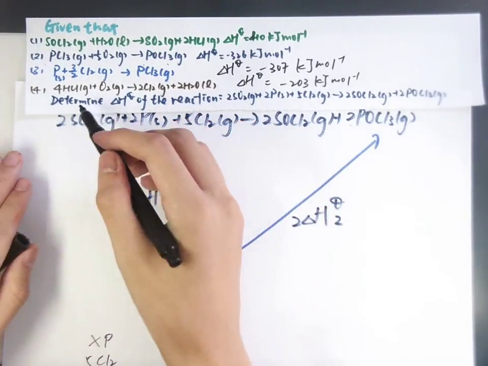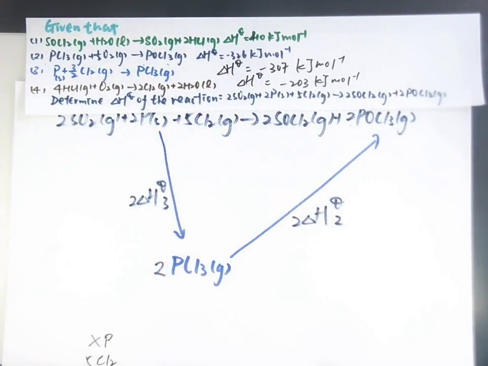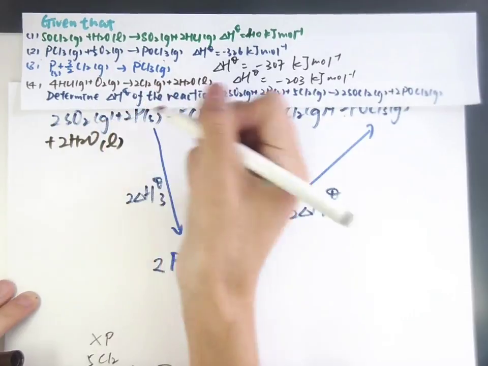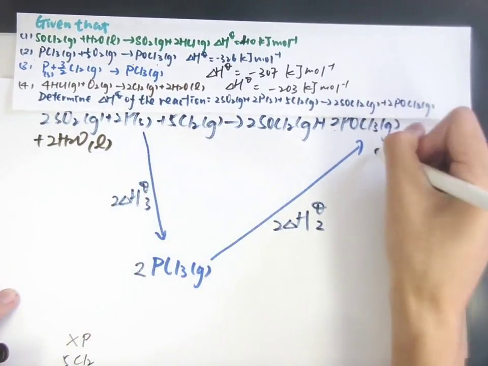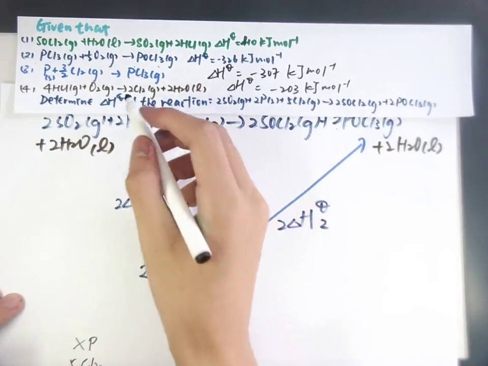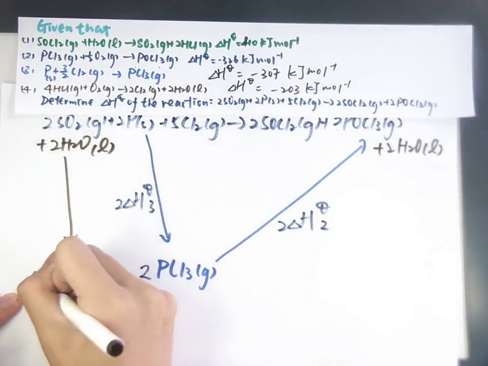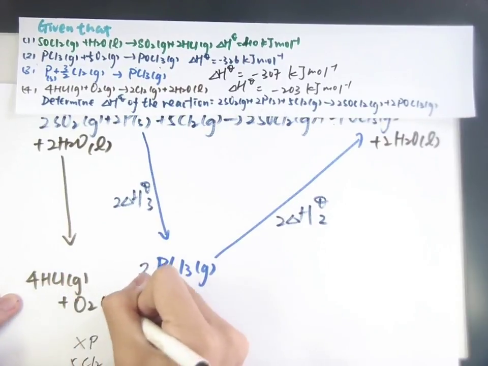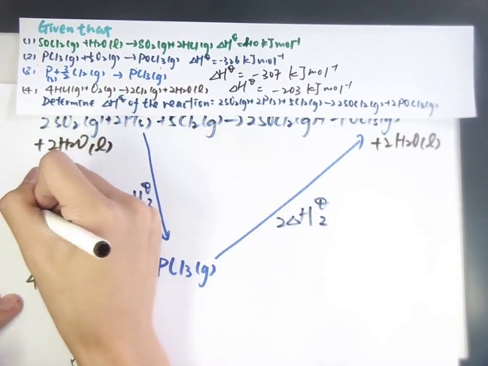So we are using 2 Cl2 plus 2 H2O. Of course, here adding 2 water, we need to add 2 water here. Okay? And we form 4 HCl and O2. Understand? This is negative delta H4.